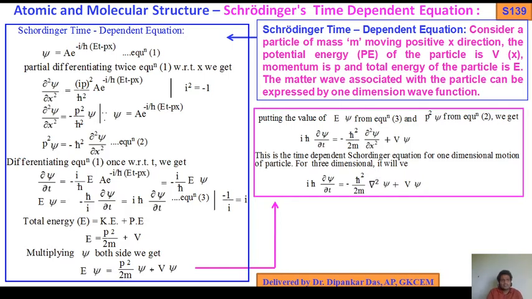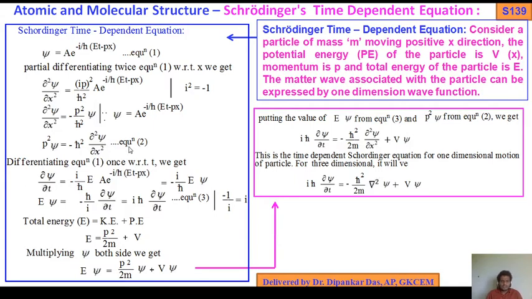On rearranging we get this form. This p square psi, h bar square comes here with del square psi by del x square, and the negative sign stays. This expression is assigned as equation number 2.